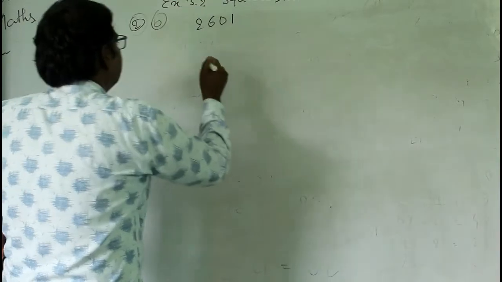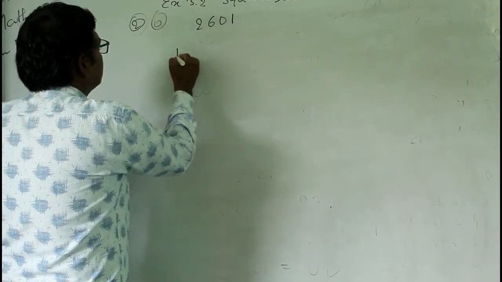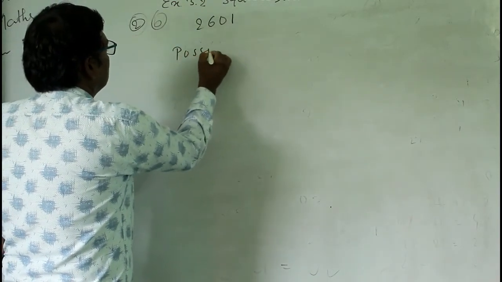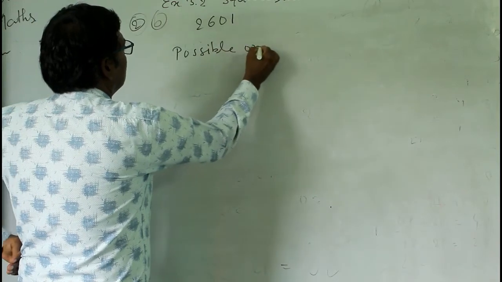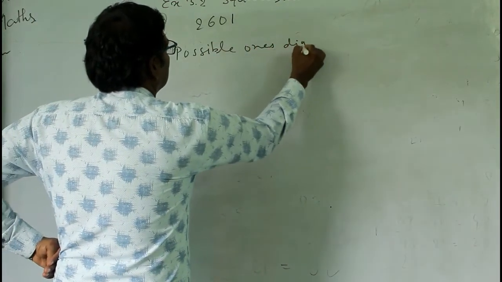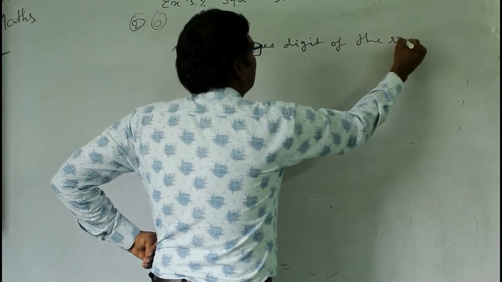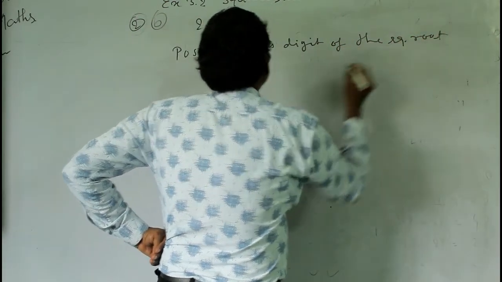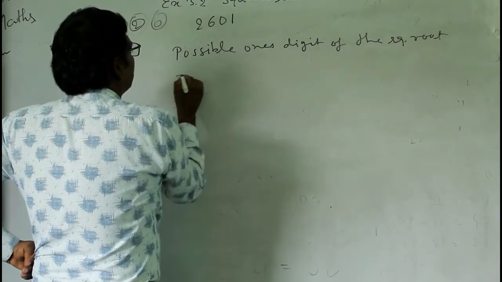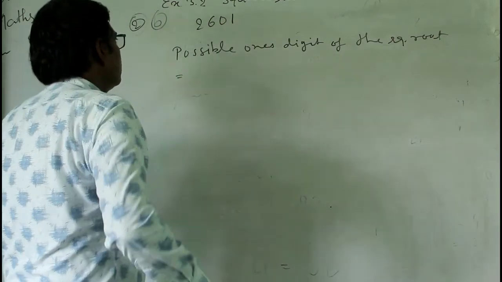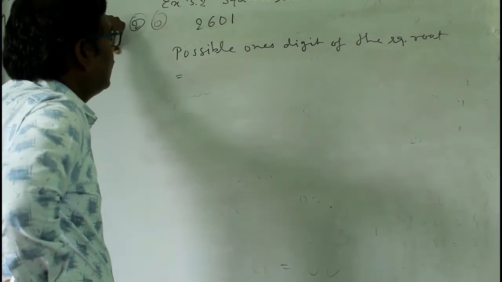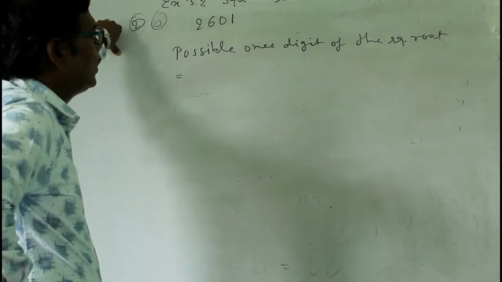So here, the possible ones digit of the square root is equal to what? It is 1 here. So you know that 1 square equal to 1 and also 9 square equal to 81.